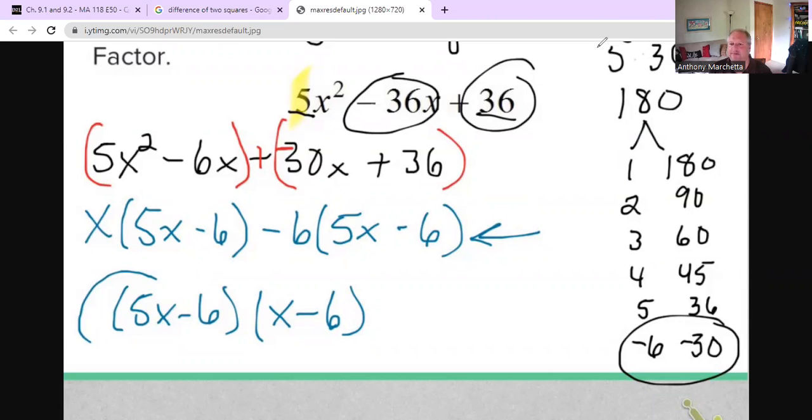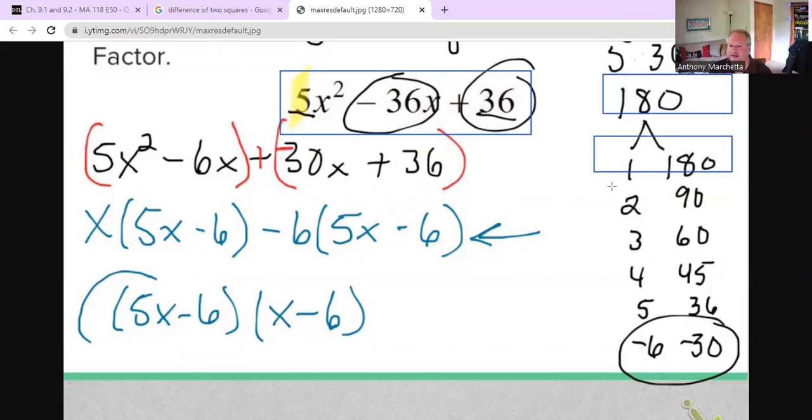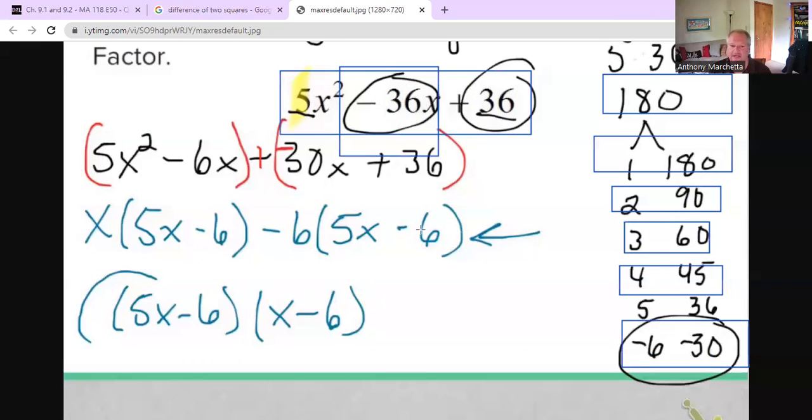In this case, that would be 5 times 36. This is not a really good example either. If you do 5 times 36, you get 180. And then you think of all the different ways that you could multiply to make 180. One of them is going to work such that when you add the two of them, you get negative 36. It's this pair. And that's why your solution looks like this.